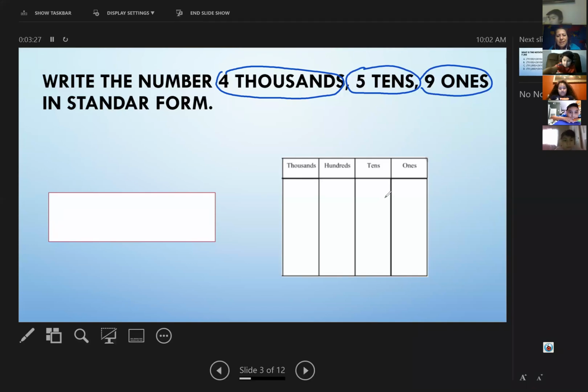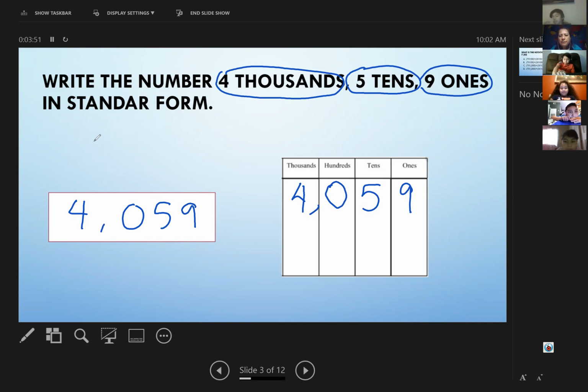Because the problem says 4,000s, I'm going to put 4,000. I have 5 tens, so I'm going to put the 5 tens, and then it says 9 ones. There are no hundreds, so I have to put a 0 in the hundreds place. So my standard form is going to be 4,059. Now let's go to the next problem. Good job.